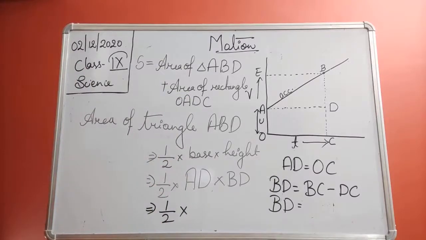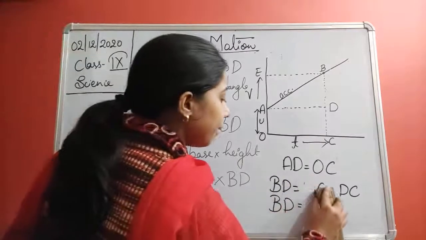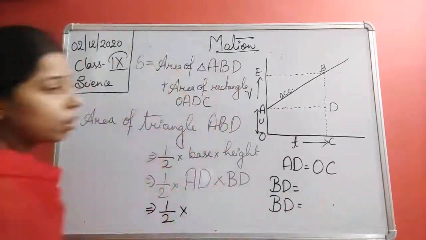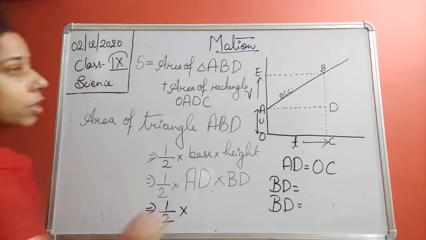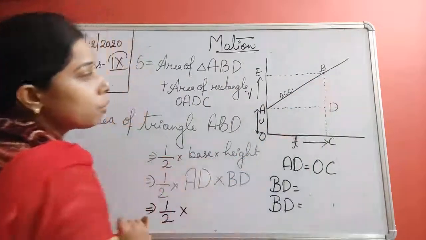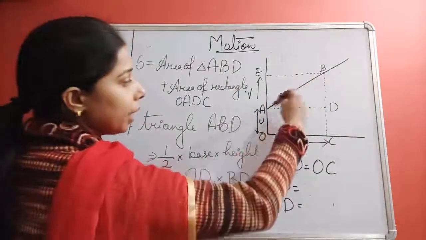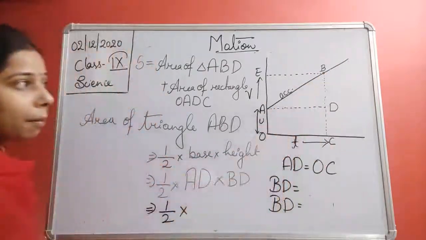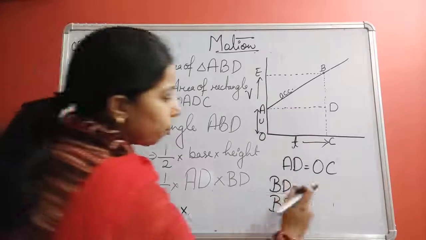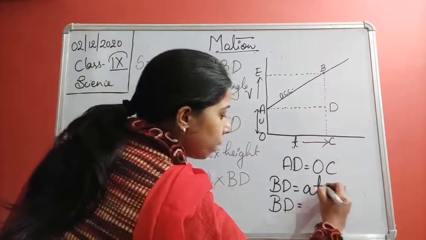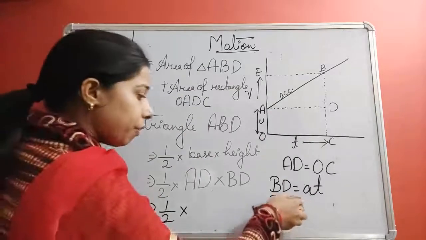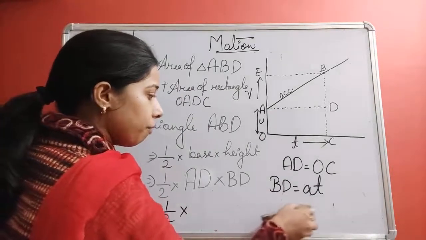In the previous one, students, we found the value of BD. How did it come? We have seen the value of AB, which will be equal to BD upon AD. So we get the value of BD as well as of AD.